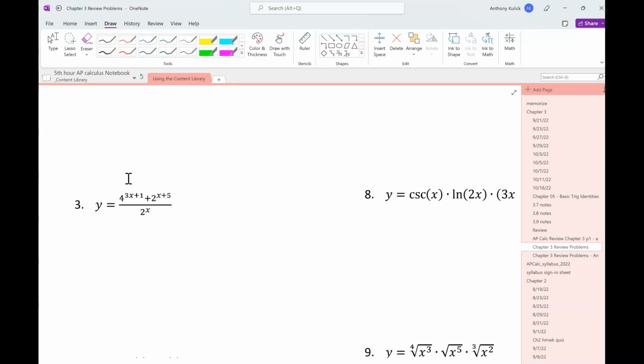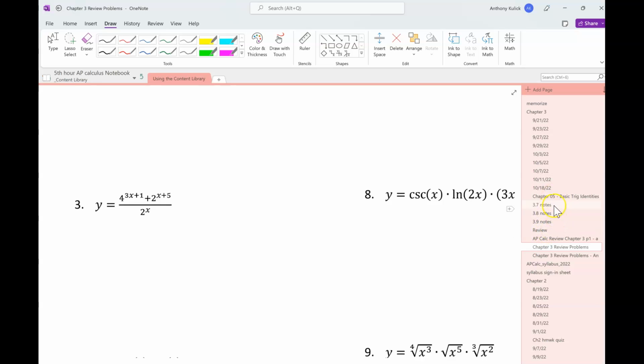I didn't write it in a way that you had to do a chain rule, but if I were more clever I could have made that 4 to the x plus 1 instead of 4 to the 3x plus 1. You could have gotten away without a chain rule by doing the algebra similar to what I showed you on that one. Does that feel better, Tay?